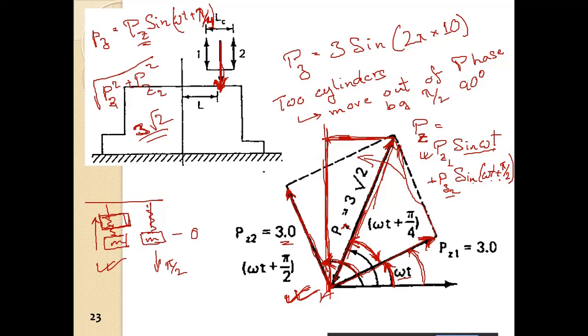Now the thing is that it is acting at an eccentricity. You can see it is acting at an eccentricity.